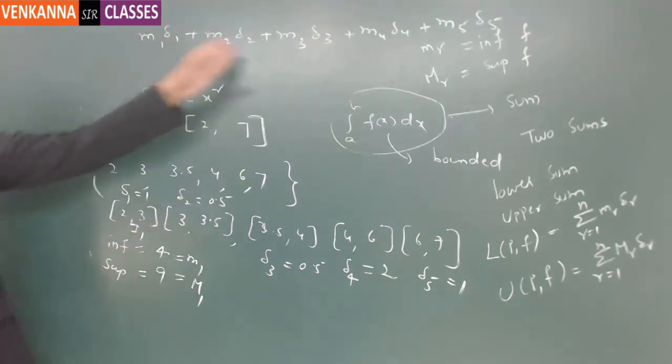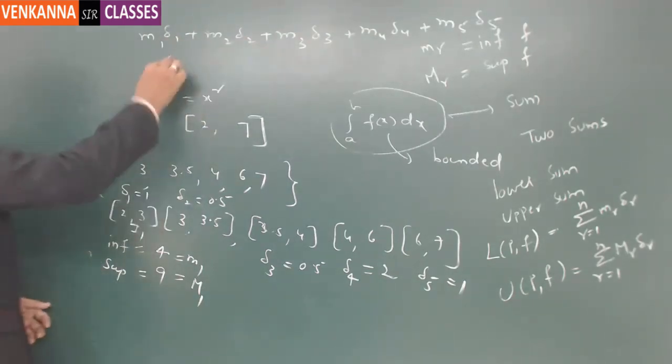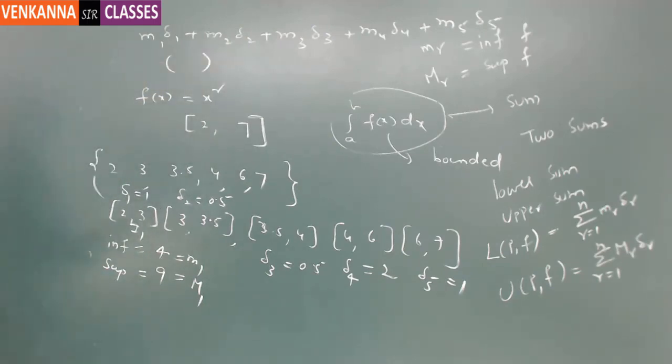If you sum up all these values, you will get a number. This is called the lower sum. In the same manner, we can calculate the upper sum U(P, f), multiplying the supremum values with the corresponding subinterval lengths. I think it is not necessary for you to calculate the value. You have understood how to calculate that.